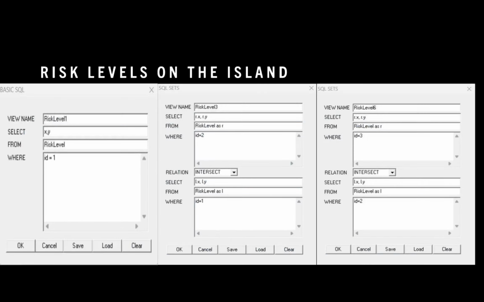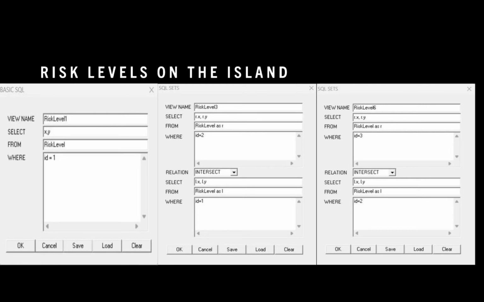To determine the risk levels on the island, we gave each different type of risk a level. The ash risk was level 1, the ballistic block risk was level 2, and the water risk was level 3. We then combined the areas in which these risks occurred to give the different types of risk at each point.